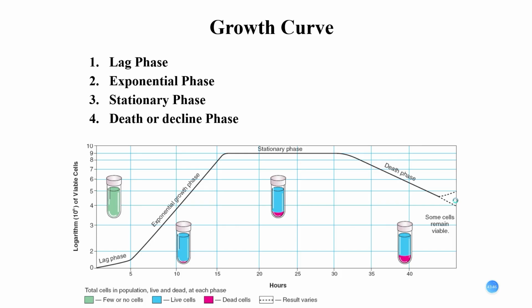So usually in the lab, when we culture bacteria in a flask, we would get the curve. And from the curve, you can decide when you do an experiment, what time point you should sample your bacteria. For example, if you want to study the morphology of your bacteria, you want to sample your bacteria at the log phase or exponential phase, because at this phase, the bacterial cell will show the typical structure, typical morphology.